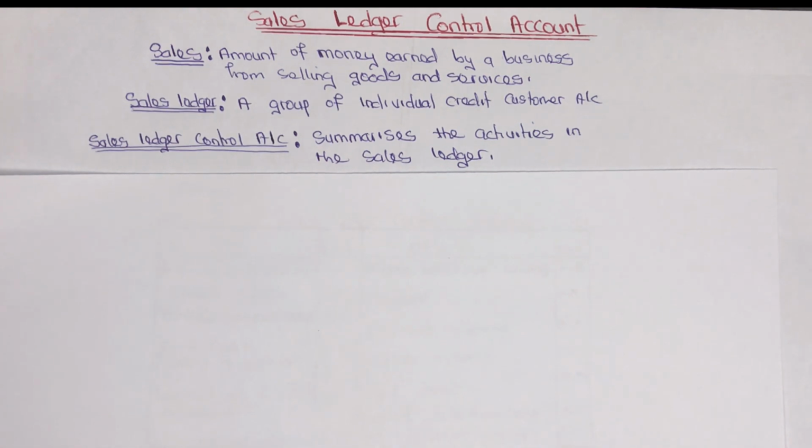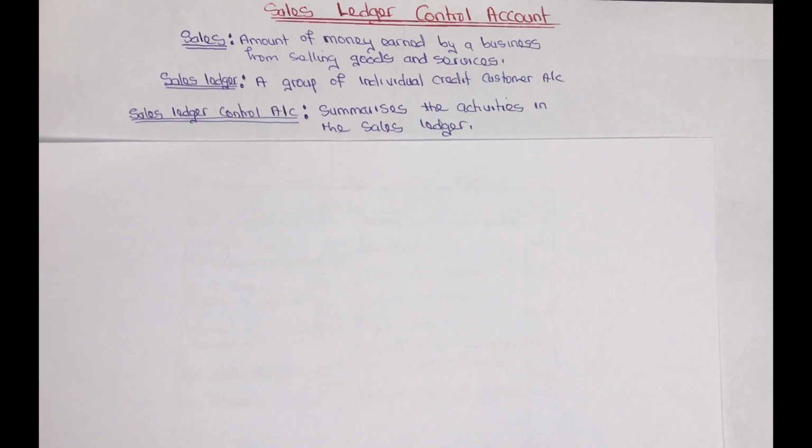After that, you need to check the sales for arithmetic accuracy. The process of checking the sales ledger is called the sales ledger control. You check the customers that have made payments and the ones that are still owing the business. That is the reason for the sales ledger control account.